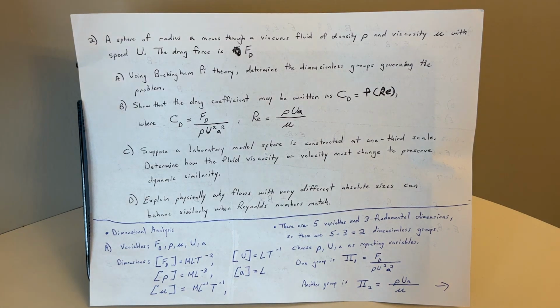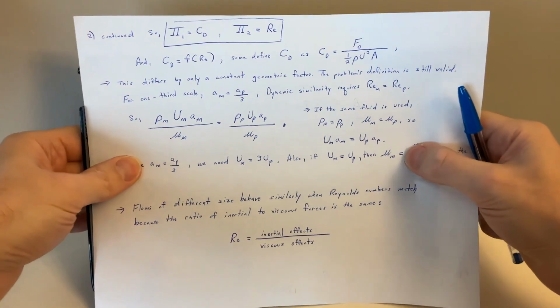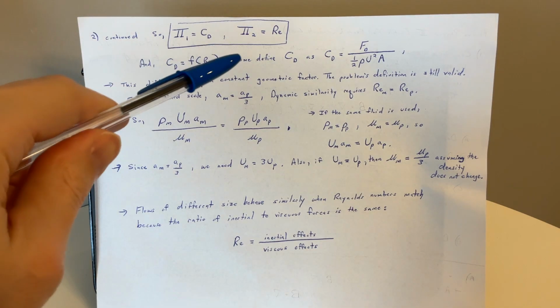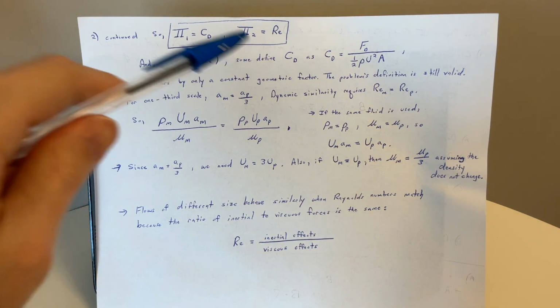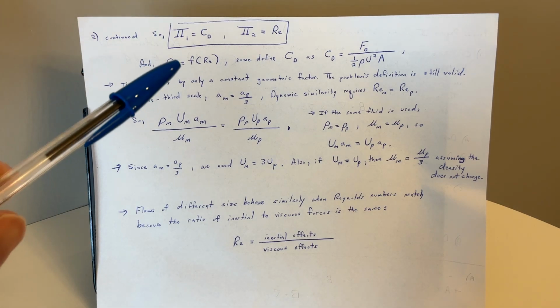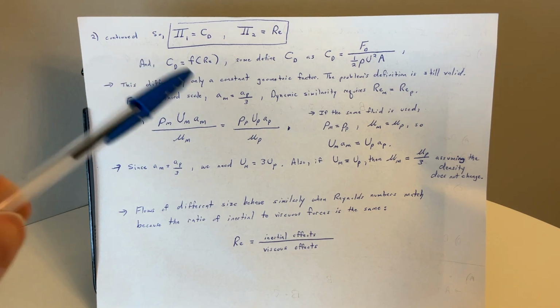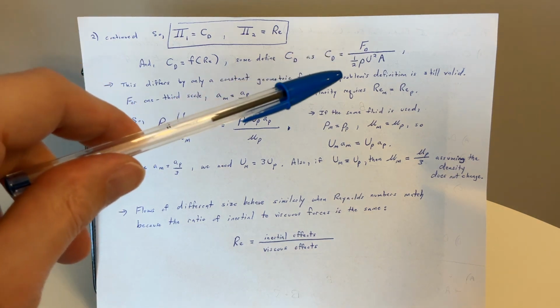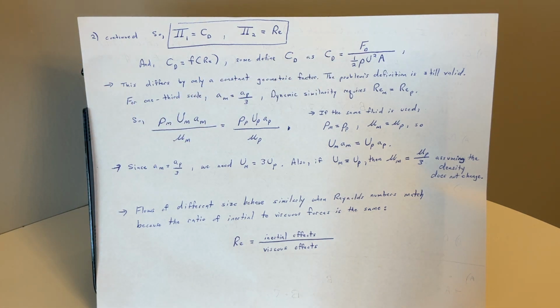Going on to the second page here, we get pi 1 equals C sub d, pi 2 equals Re, and C sub d equals a function of Re. Some would define C sub d as F sub d over 1/2 rho u squared a squared.